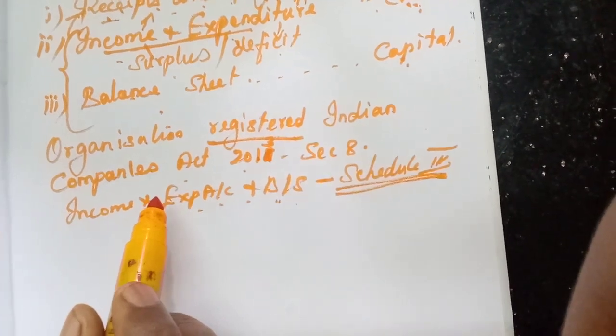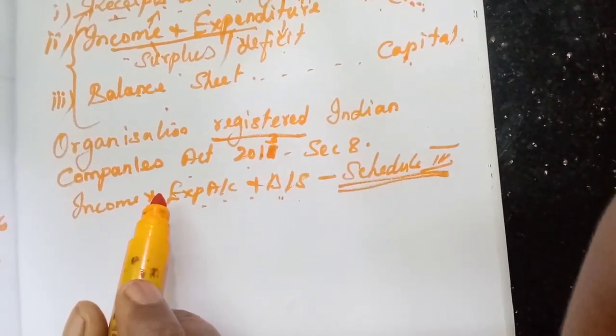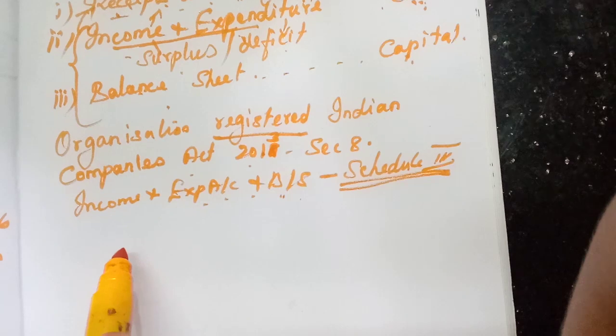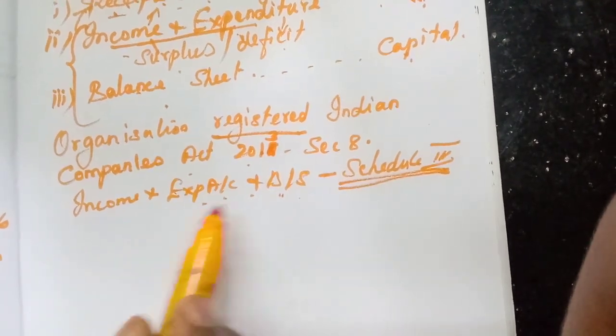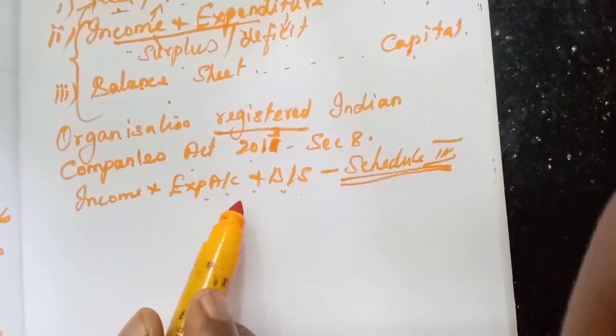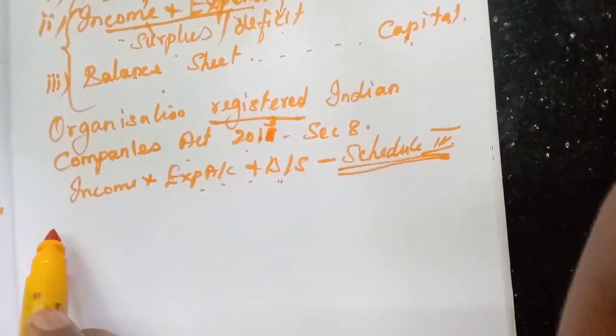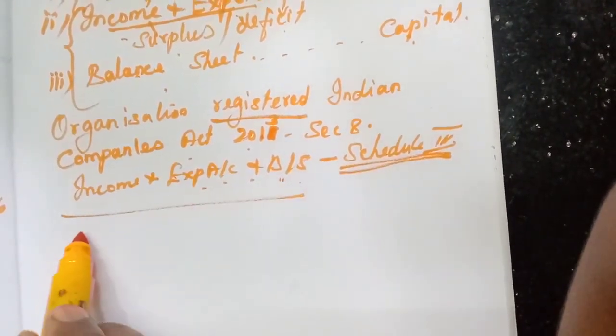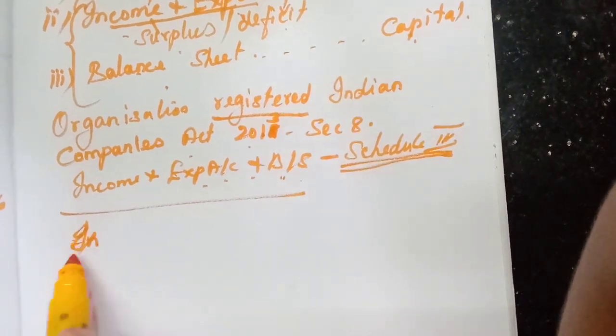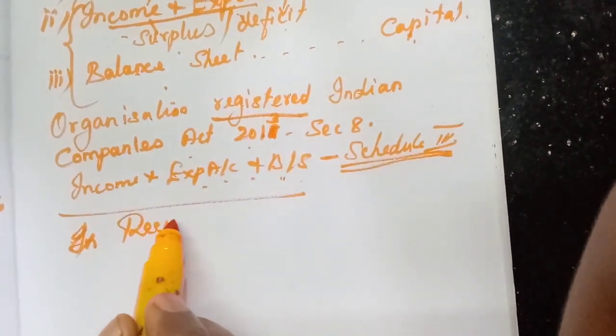They may be getting a license from the government, and they may be run that way. What we are going to see is a common format, not as per Schedule 3. So first we will learn the income and expenditure, receipts and payments account.